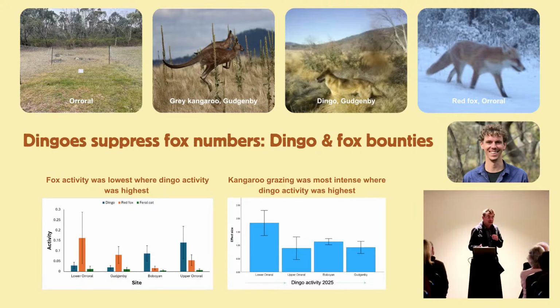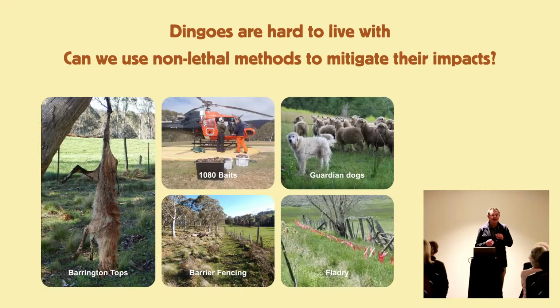So dingoes have strong effects on ecosystems, but they're hard to live with. Okay, and it's unequivocal that if you grow sheep, it's very hard to have dingoes around. And so one of the big challenges that we have is that we want to, as a society, use wool. Who here wears wool? Yeah, people still wear wool.